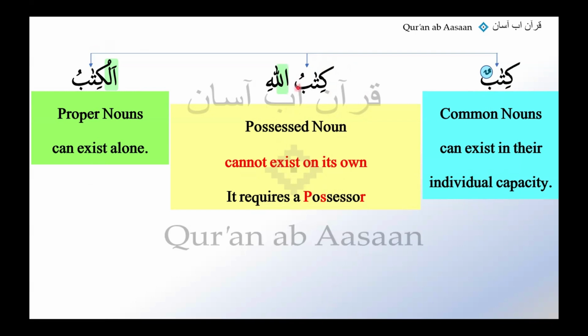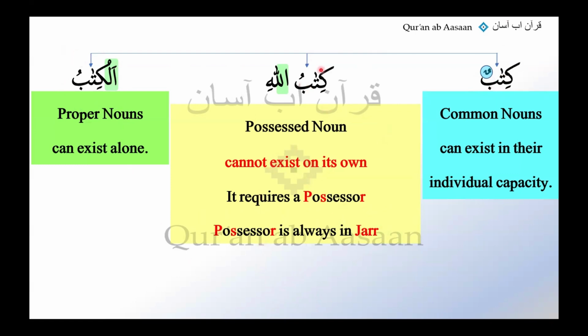And what do we know about the possessor? Like Allah, He is going to be the possessor here. What do we know about the condition of the possessor? The possessor is always in jar. And when we translate, we knew how to translate the common noun and the proper noun.